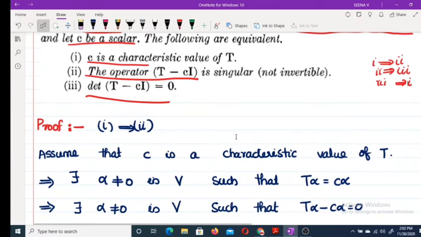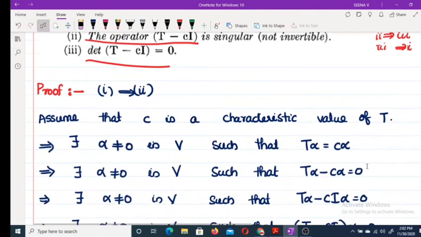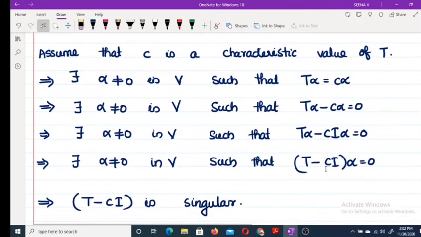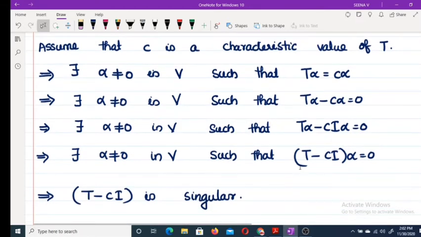Assume that C is a characteristic value of T. That implies there exists alpha not equal to 0 in V such that T alpha equals C alpha. This implies there exists alpha not equal to 0 in V such that T alpha minus C alpha equals 0. That means T alpha minus CI alpha equals 0. That means (T minus CI) alpha equals 0. That means there exists alpha not equal to 0 in V such that this condition holds.